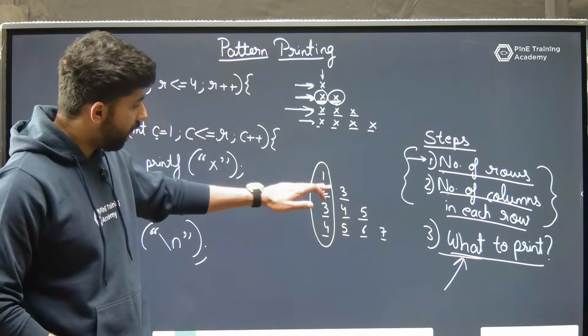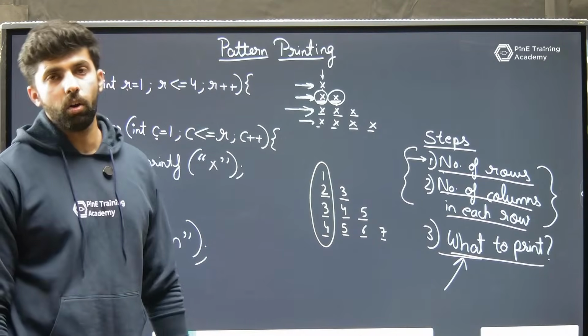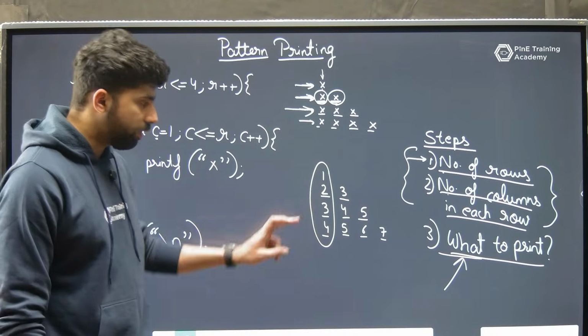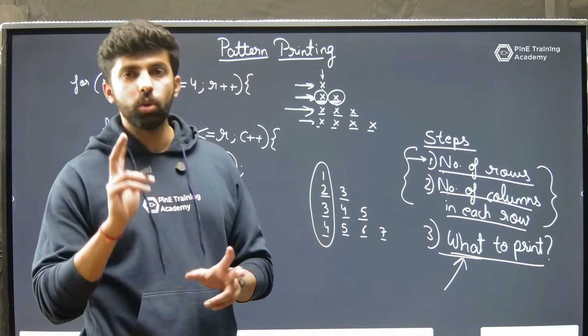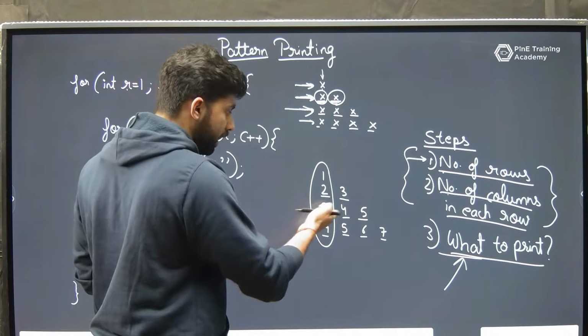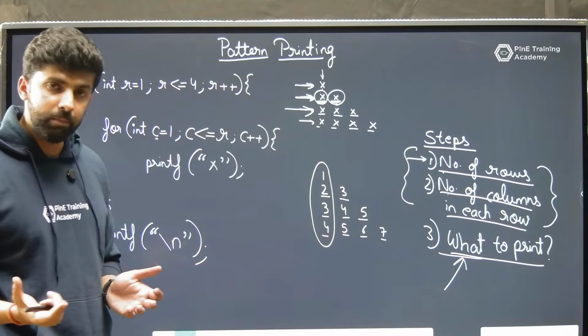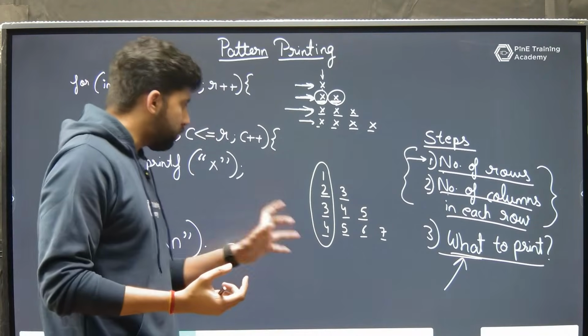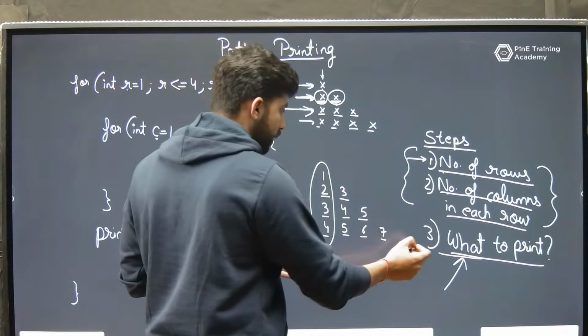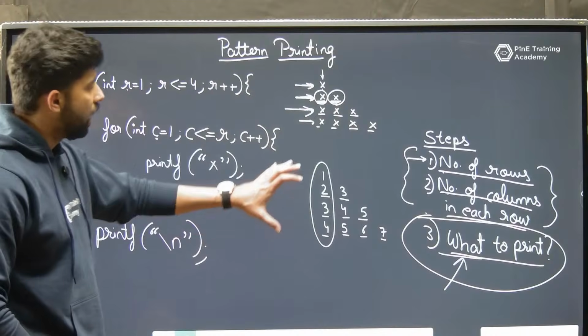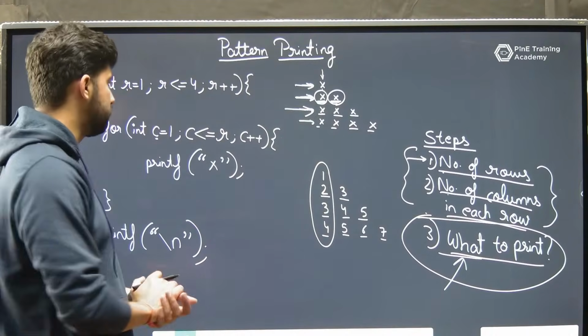That means row wise increment is also going on. 1, 2, 3, 4. So we are actually looking at two-way increment. We are incrementing in column as well, and we are incrementing in row as well. That means we just need to do some changes for this part and our code will be complete.